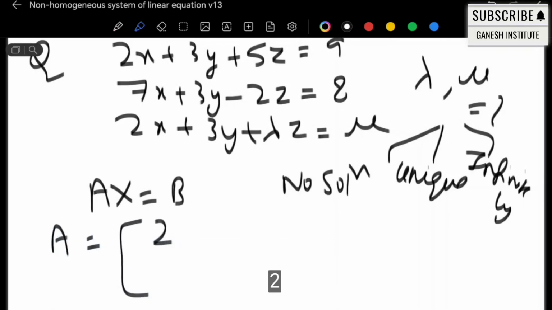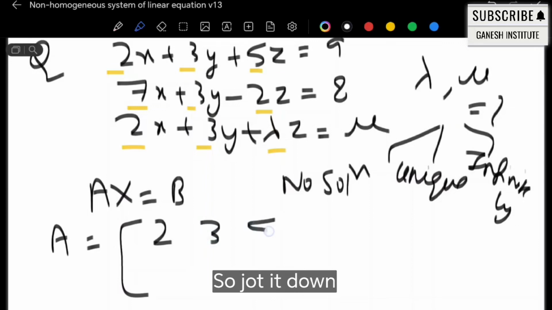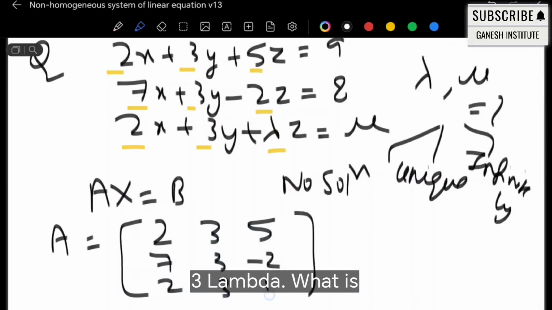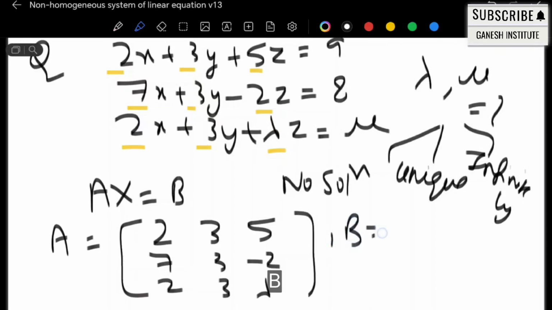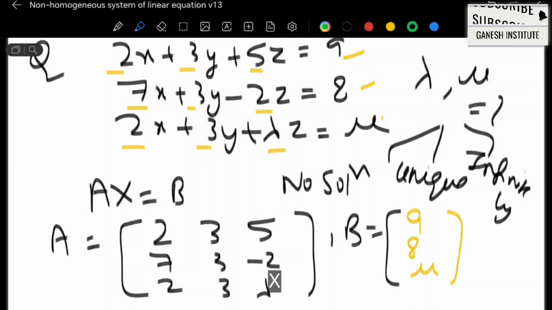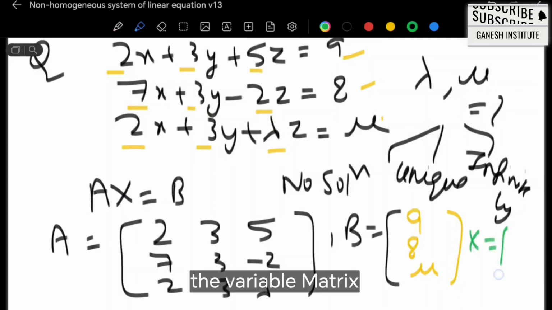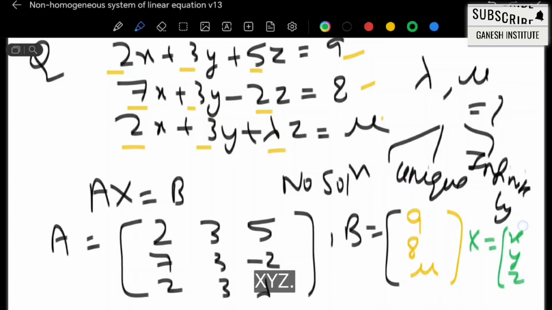Coefficient matrix 2, 3, 5, 7, 3 minus 2, 2, 3 lambda. So jot it down. What is B? It is 9, 8, mu. And what is X? The variable matrix X, Y, Z.